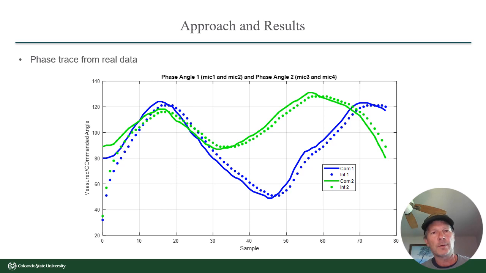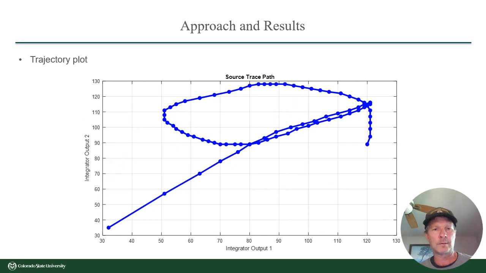And so another interesting thing that we can do with this data is we can plot the integrators. So here what I've plotted is a trajectory, which I've called the source trace path, or a trajectory plot. So I plotted integrator 1 versus integrator 2.